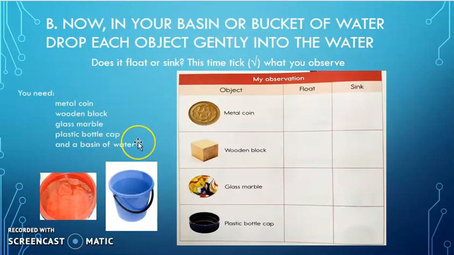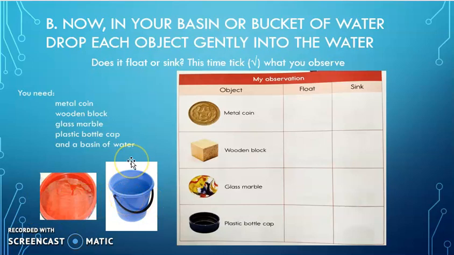Now let's move on to the next. This time, I want you to ask for help from anybody at home that can assist you to do this. So you're going to prepare these materials: a metal coin, a wooden block, a glass marble, and a plastic bottle cap. And you also need a basin of water or a bucket of water.